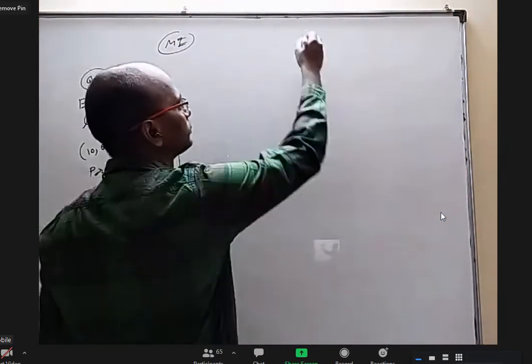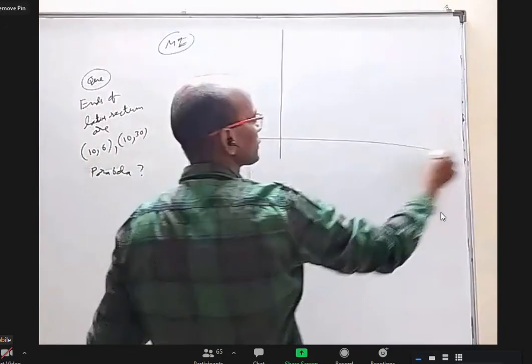Okay, I'll try to do this first by the figure, then by the formula. You can also do it. Give you some time. At least I'll draw the figure and leave it.